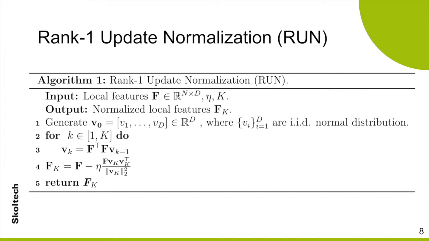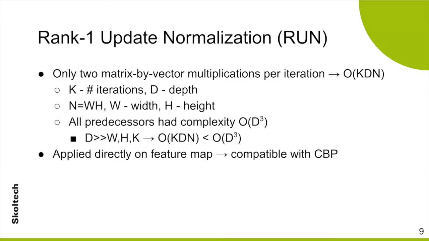Here you can see the exact algorithm for RUN. As you can see, it is based on the standard power iteration method. As an input, it takes a feature map and two hyperparameters, and the output will be the normalized feature map. It is initialized with a random vector. The algorithm consists of only two matrix by vector multiplications per iteration.